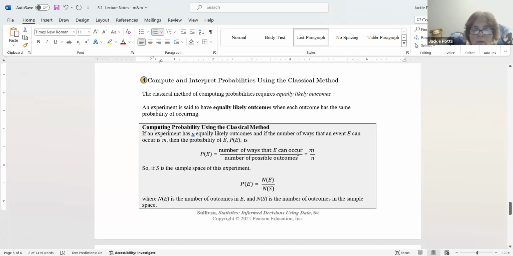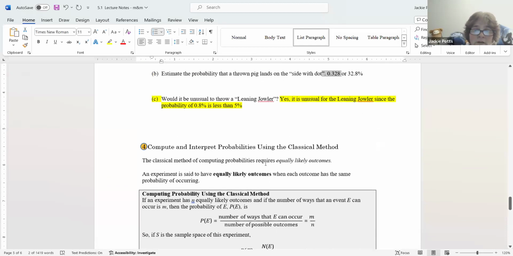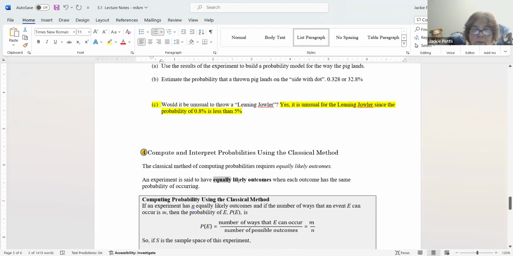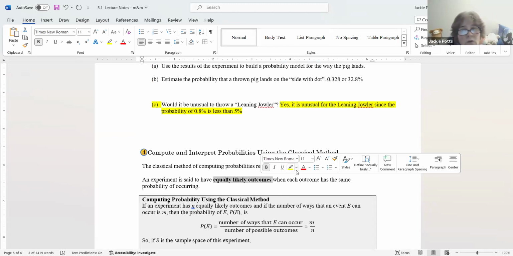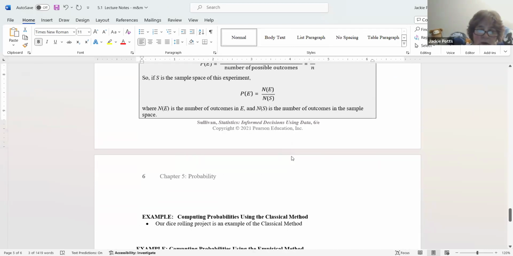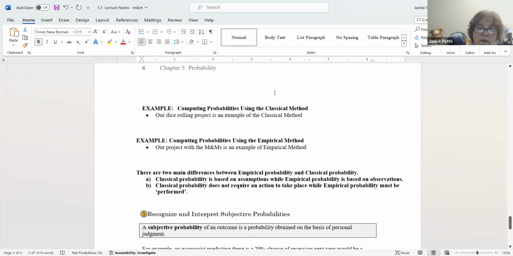Now, the probability of classical, equally likely. That's the key, because I could ask you on this. The difference between empirical and classical is that classical is equally likely to happen. That's the reason why I've given you examples.